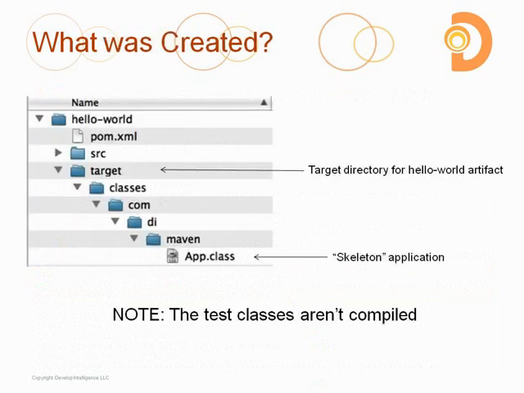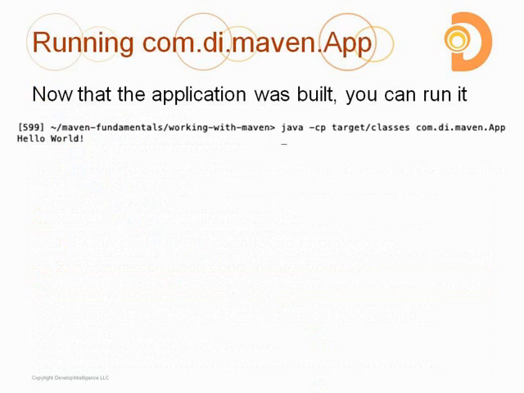I should be able to look at my directory structure now and see I've got a target directory created, and in that target directory I've got classes, and now if I were to expand the classes tree, you'll see I have a compiled representation of App.java called App.class. So now I've got a valid class, and if I wanted to, I could go ahead and just execute the simple application. In this example, I'm using the -cp command line argument to execute our hello world app called App.